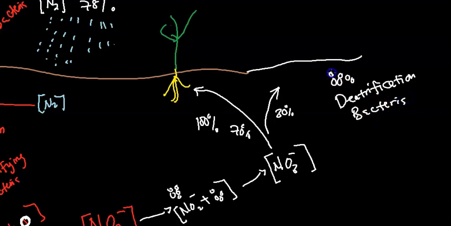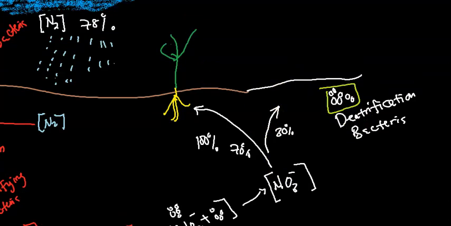What these bacteria do is simply release nitrogen to the atmosphere. That is the remaining 30% of nitrogen, they release it to the atmosphere. Since we said the blue here is our atmosphere, what is it going to release? It is going to release nitrogen from NO3 minus.